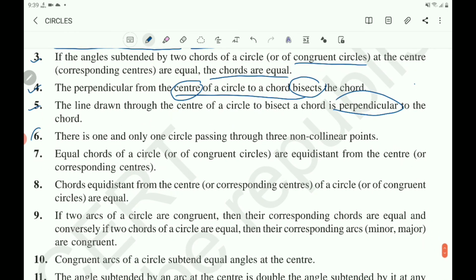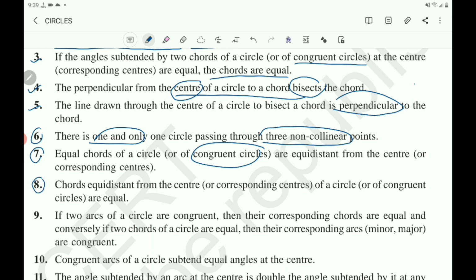And the sixth point, there is one and only one circle passing through three non-collinear points. And seventh point, equal chords of a circle are equidistant from the center, or equal chords of congruent circles are equidistant from the corresponding centers.